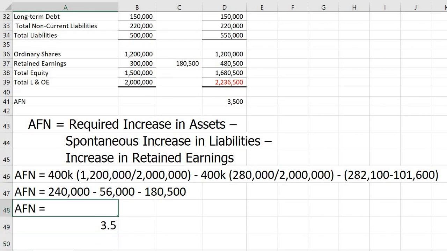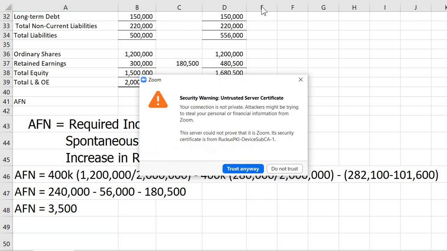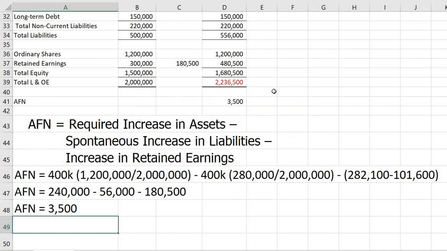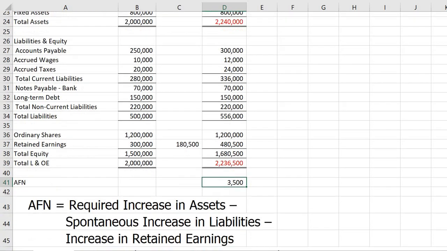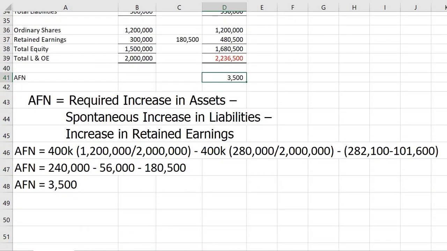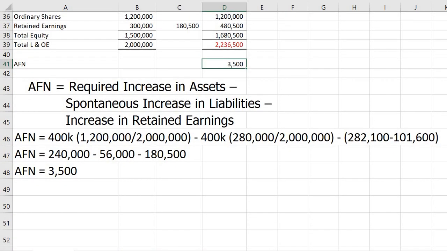So your AFN, as computed, will amount to 3,500, the same as what we computed earlier, which is 3,500,000. Meaning, whether you use the long-cut statement of financial position approach or the formula approach, the answer we arrive at is the same.